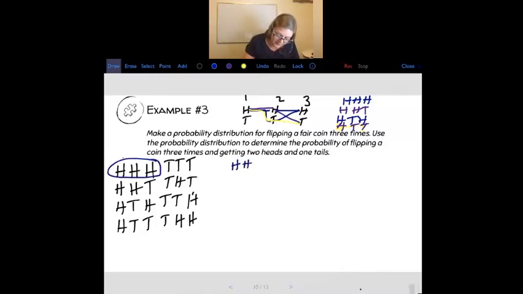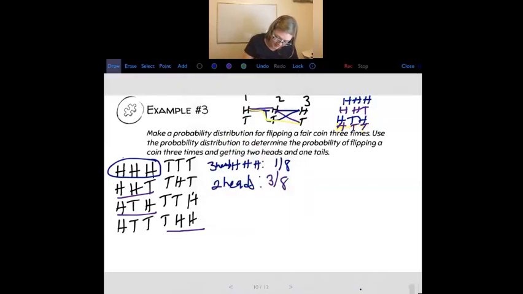So heads, heads, heads would be 1, and there's 8 possible ways. So let's say this is 3 heads. Let's talk about the probability of getting 2 heads, and I'll change colors. So 2 heads, 2 heads, 2 heads. So this would be 1, 2, 3. So that would be 3 out of 8.